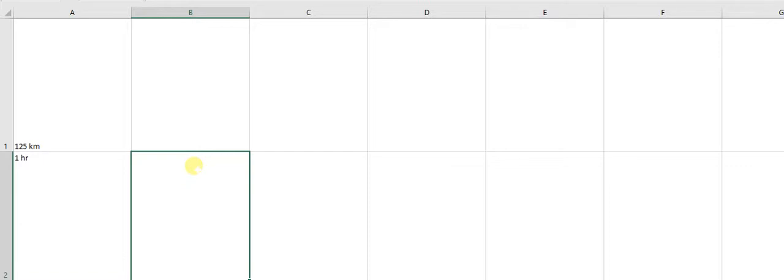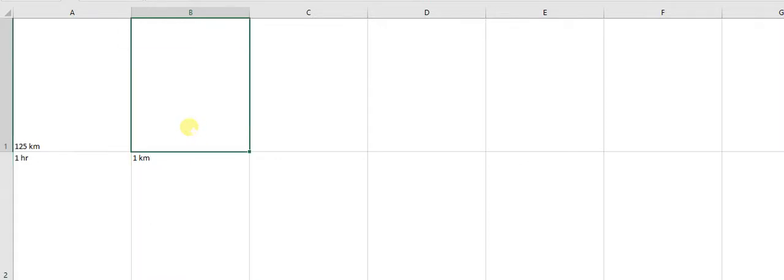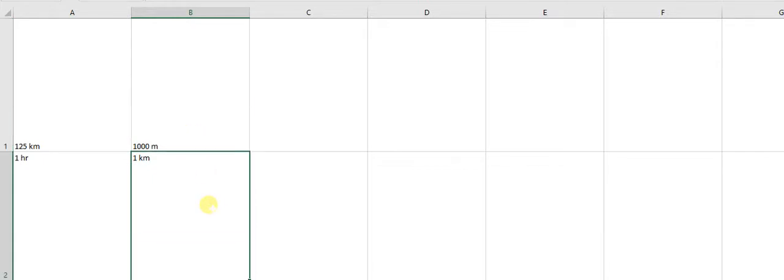So we can say, well, we know that every 1 kilometer is equal to 1,000 meters. Okay, that's a given statement. Even knowing very little about the metric system, we know that that is the case. So now we can see that this kilometer and this kilometer could cancel out.